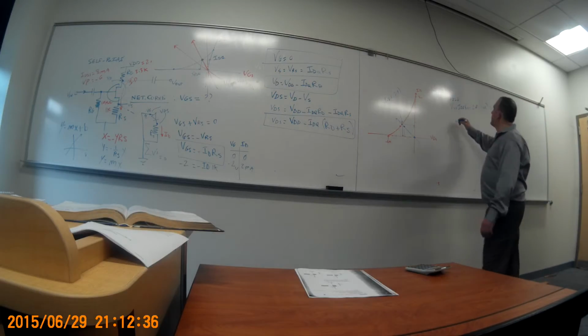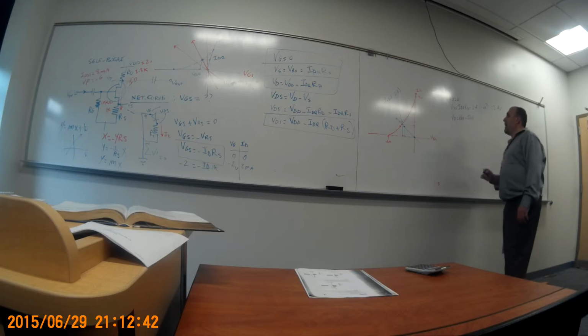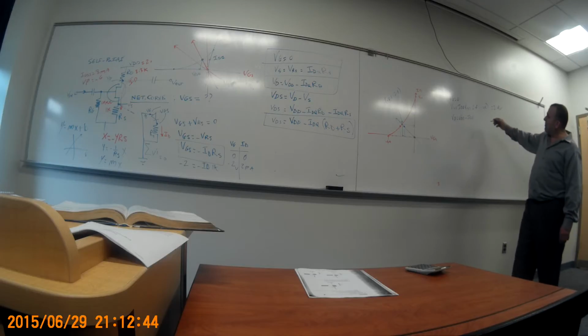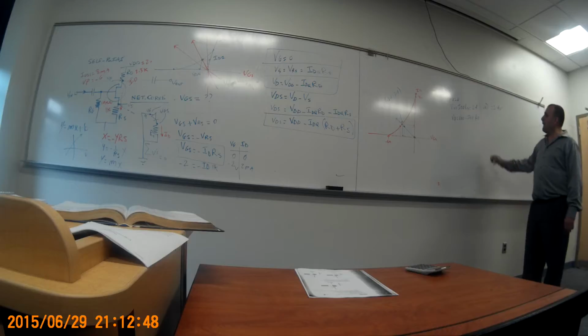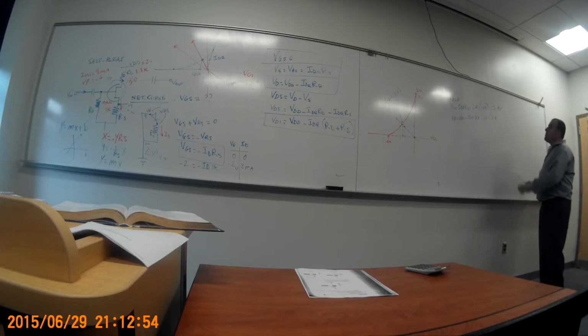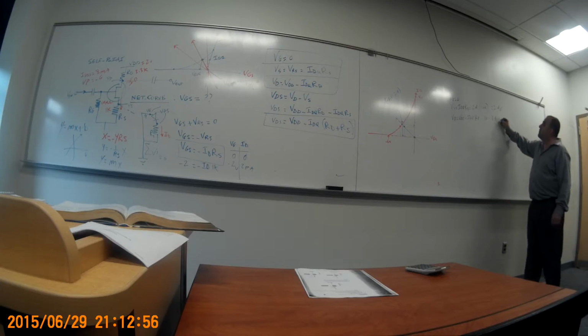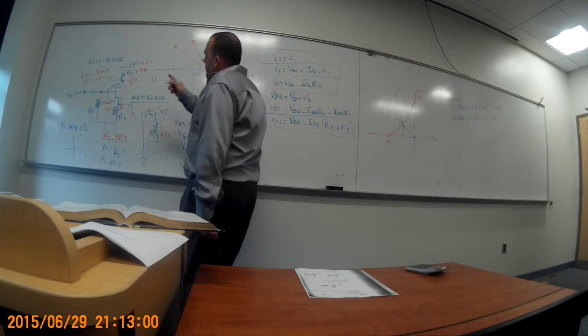VD is VDD minus IDQ RD, and that's equal to 20 minus 2.4 times RD, and RD is 3.3.